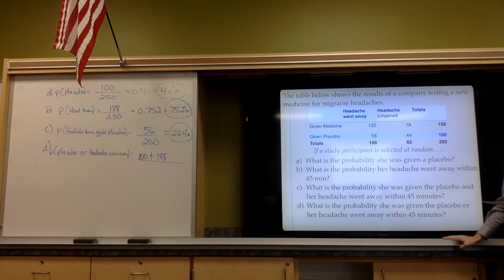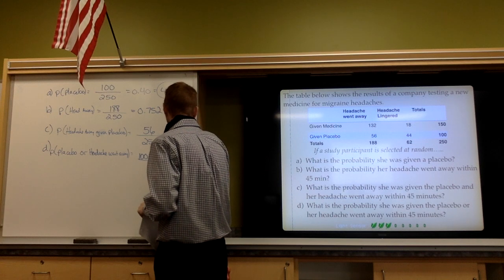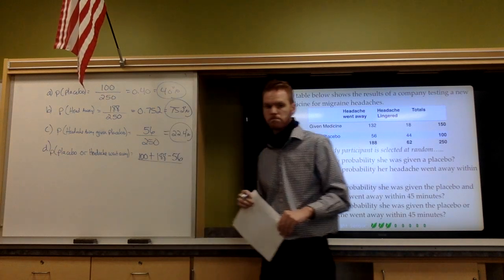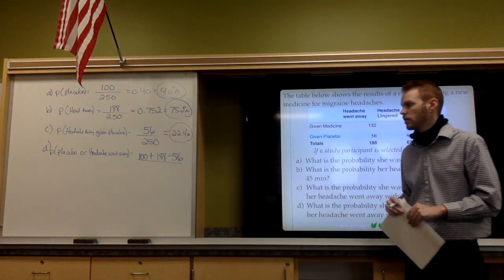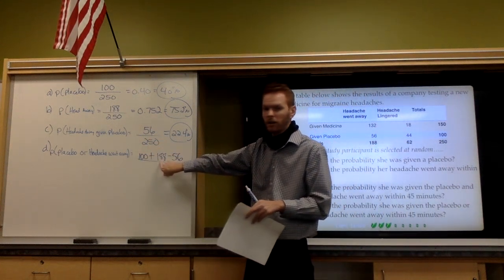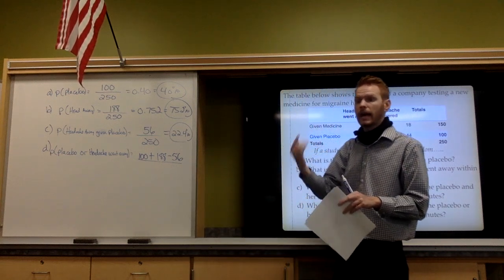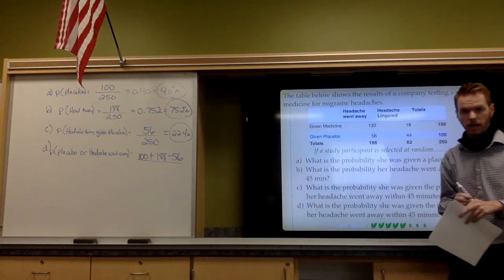So I double counted. Does that mean my probability is going to be off? It is. So to balance it, I'm going to take 56 out of the equation there, okay? Because think of it. There's 56 people in here, 56 people in here. I counted them twice. So if I subtract them out once, I'm only counting once, okay?